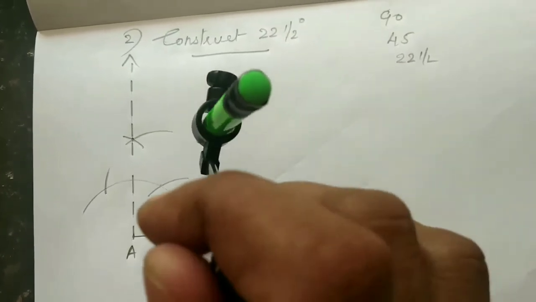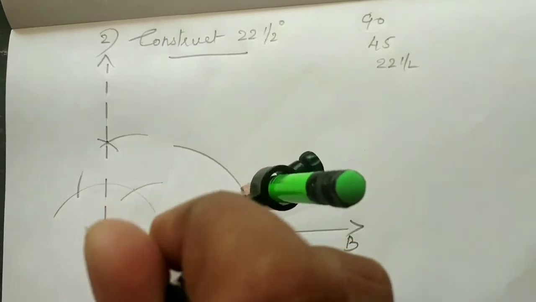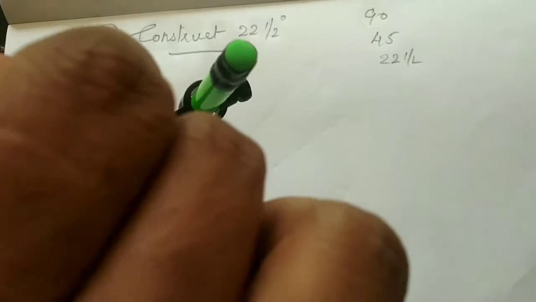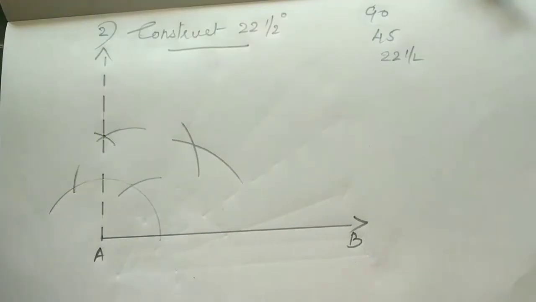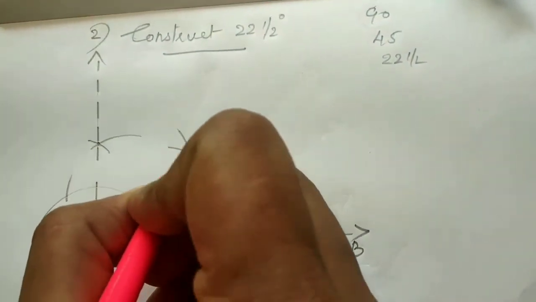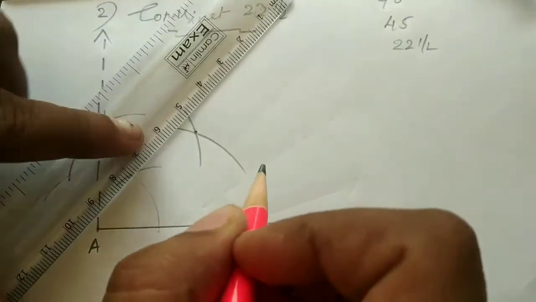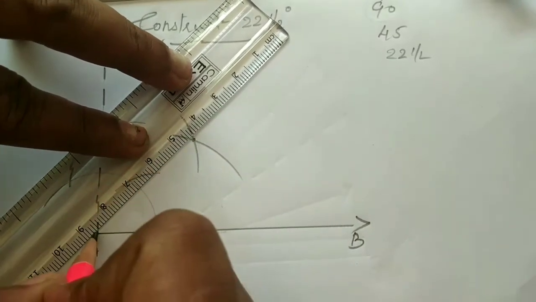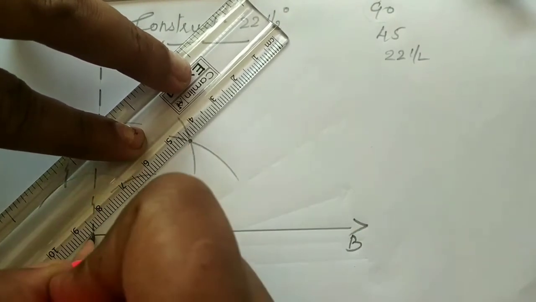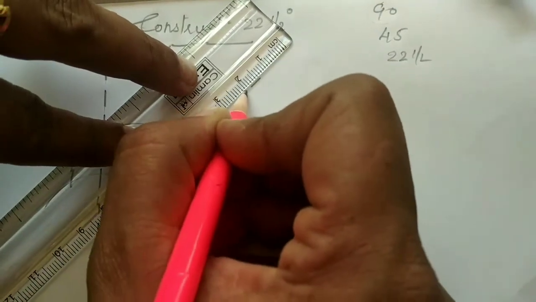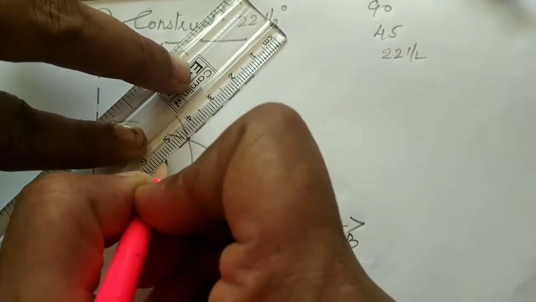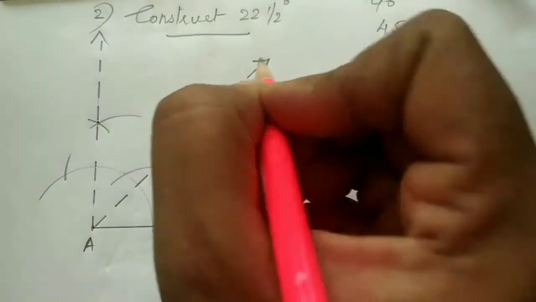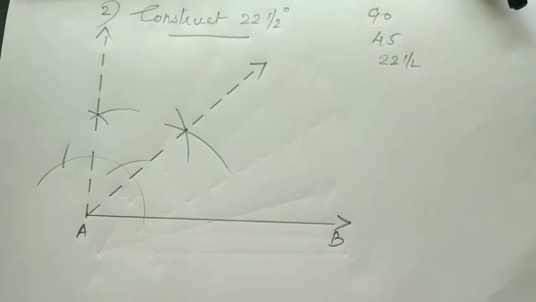Put the tip of the compass here and draw an arc like this, and from here cut the arc. Mark the point of intersection and draw the line using dotted line, because we need only 22.5 degree. Now we get 45 degree.